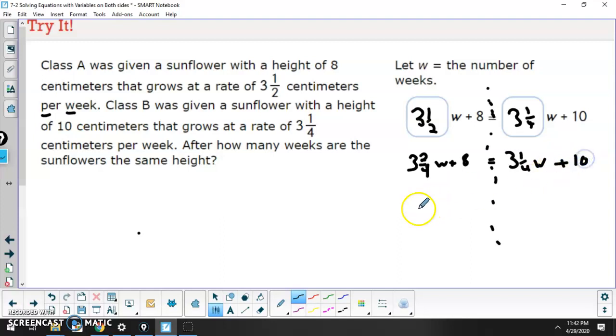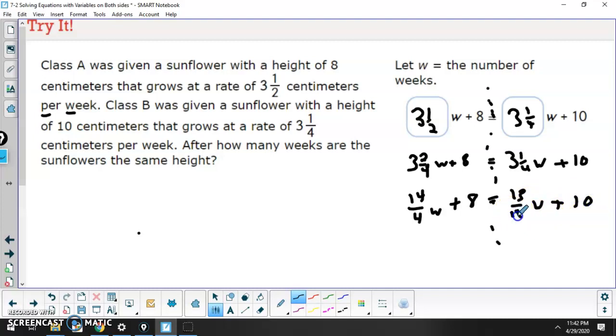Before we subtract our variable terms, we're going to make these into improper fractions. So this would be 14/4 W plus 8 equals the other side, which is 13/4 W plus 10. I'm sorry, that's a little sloppy.